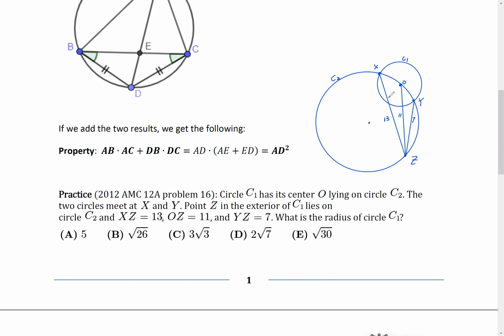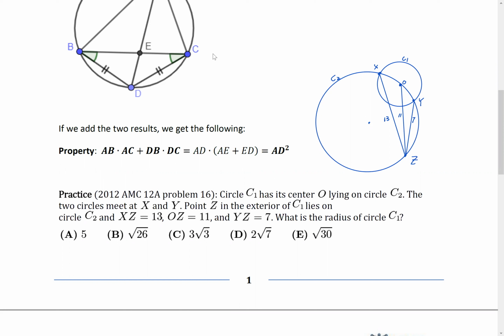If you're watching this solution, is there an angle bisector somewhere? Just given this right now, we don't have a lot of triangles. Technically, I don't even have one triangle yet, unless I connect some lines. I see that there's potentially triangle XYZ, there might be triangle XOZ, YOZ maybe, but there is an angle bisector, do you realize?